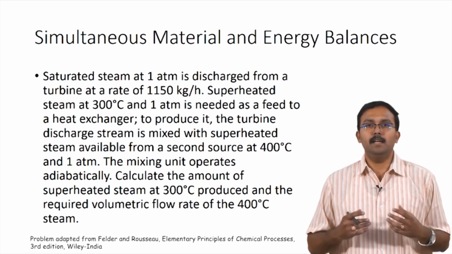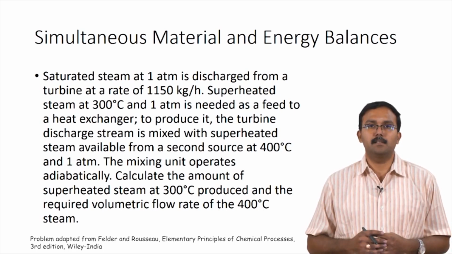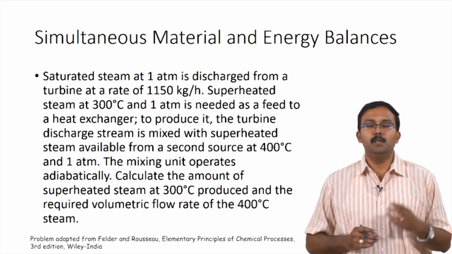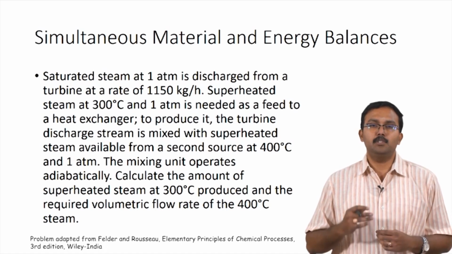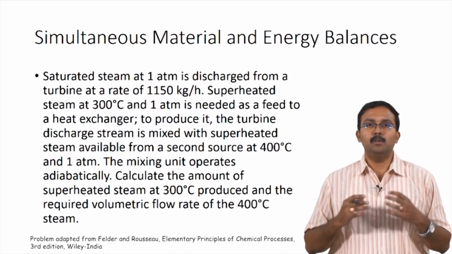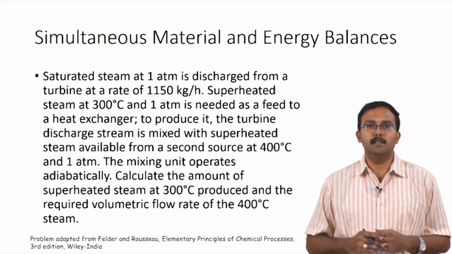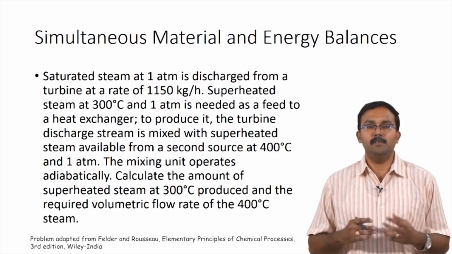So, these are usually terms which we calculate from material balances. However, if you were to write material balances for this problem, you would find that the degree of freedom is not equal to 0. So, to solve this problem, we also need to write the energy balance equation. Let us see how we go about solving such a problem.